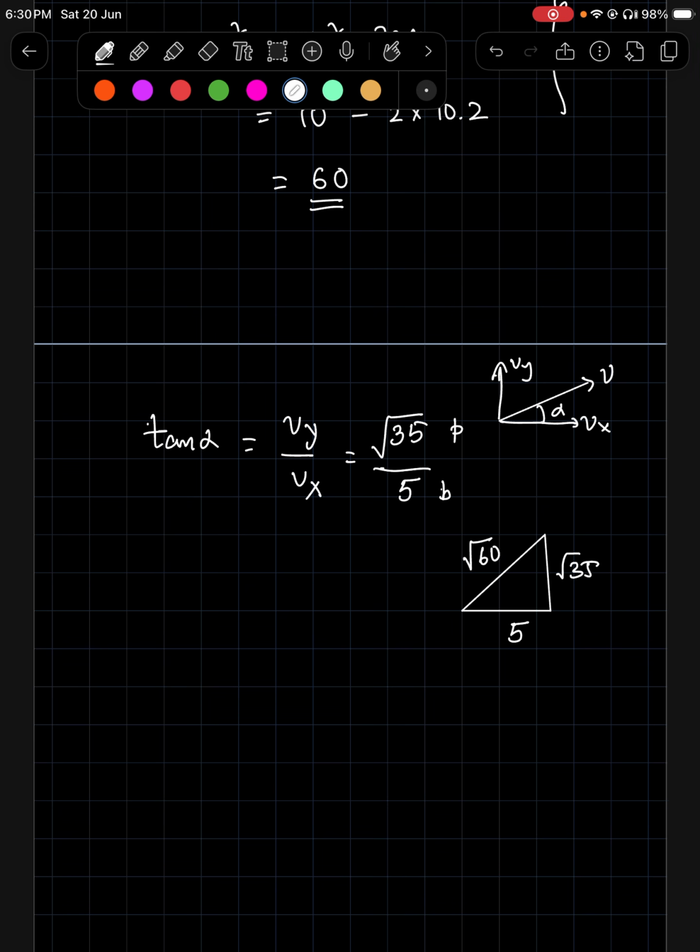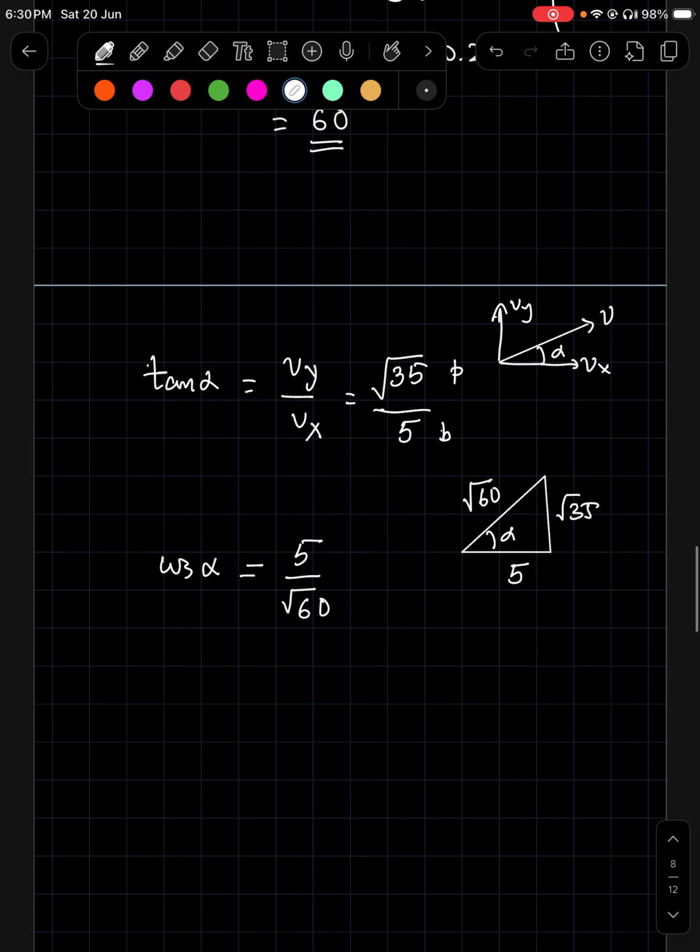So cos alpha, this is alpha, cos alpha is simply 5 by root 60. Okay, so our job is over.